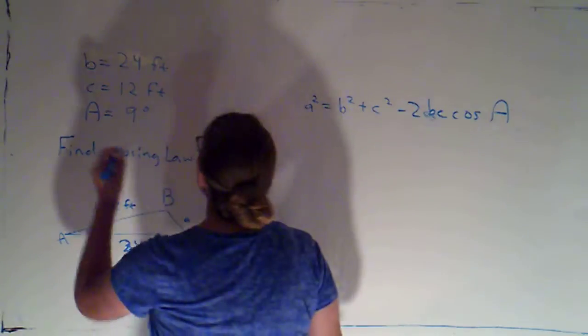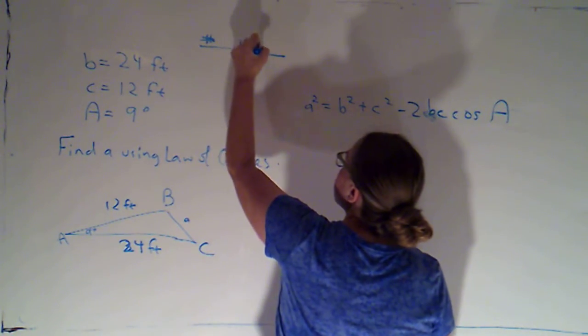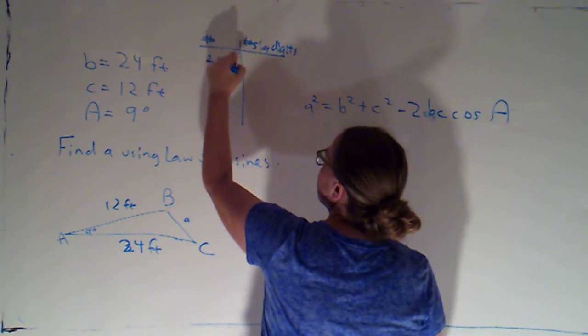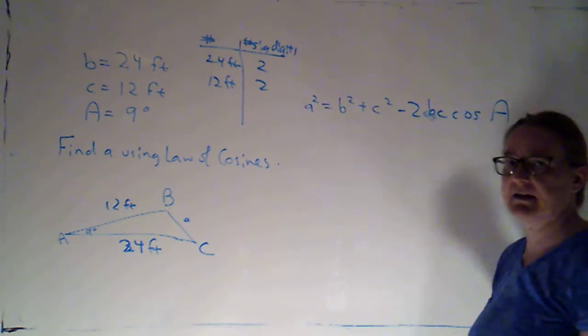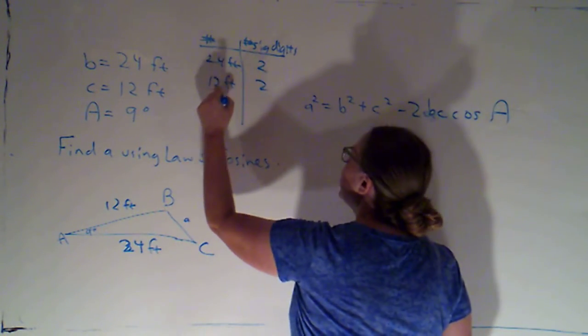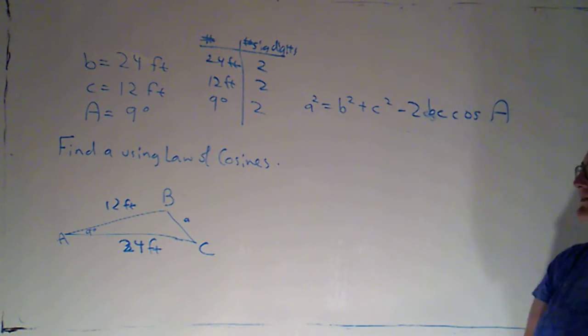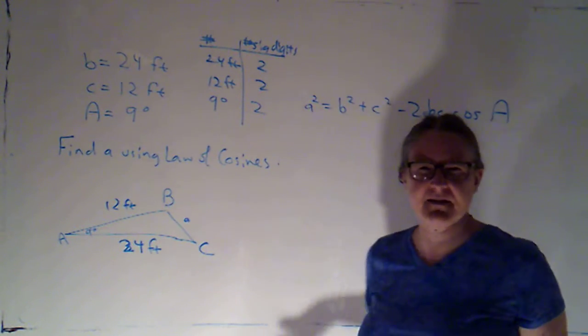If I look at my numbers and the number of significant digits, 24 feet and 12 feet, those are pretty straightforward. Those are both just two significant digits. 9 degrees is also two significant digits. And that one throws a lot of people because there's only one digit, but yet we count it as two significant digits.